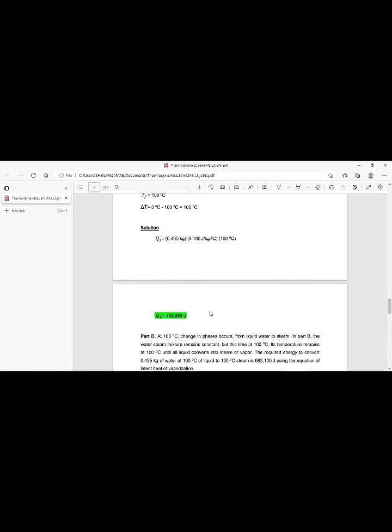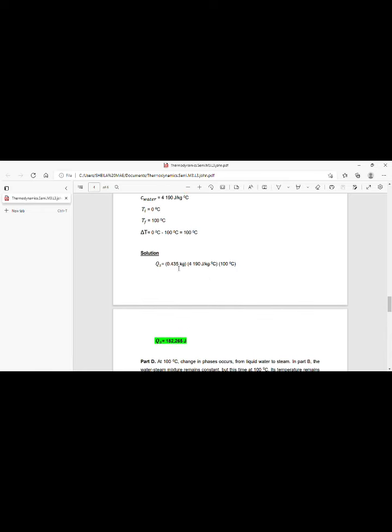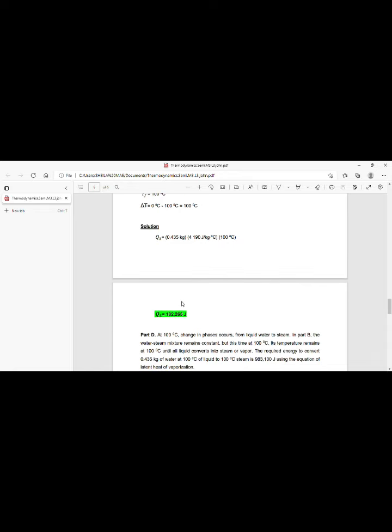Solution. Solution in our part C. Q is equal to 0.435 kilogram times 4,190 joules per kilogram degrees Celsius times 100 degrees Celsius. The answer here is 182,265 joules.